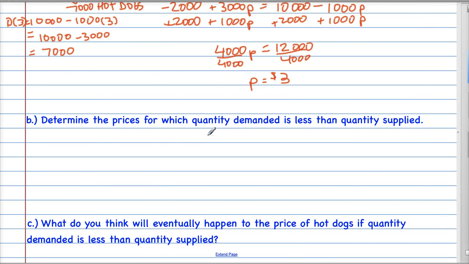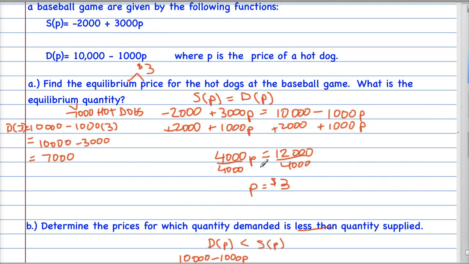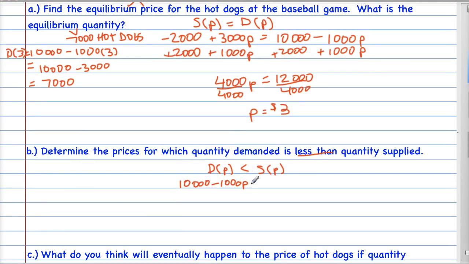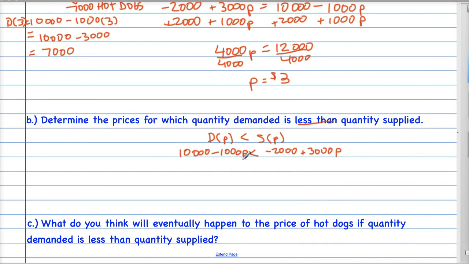So here I want the quantity demanded, that's D of P, and I want to determine where that is less than the quantity supplied, which is S of P. So the function for demand was 10,000 minus 1,000 P, and the function for supply was negative 2,000 plus 3,000 P. I'm going to try to move my P's all over to one side, so I'm going to subtract 3,000 P.